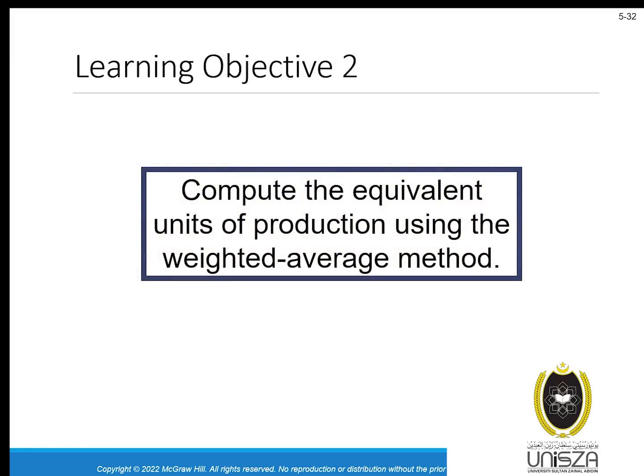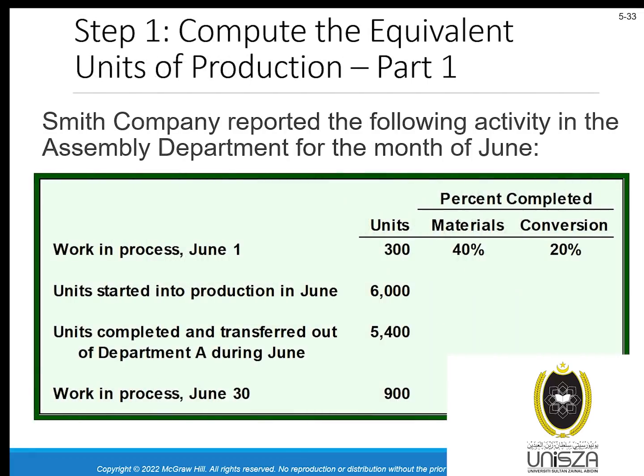Compute the equivalent units of production using the weighted average method. Here is the information about the production in the assembly department of a company.